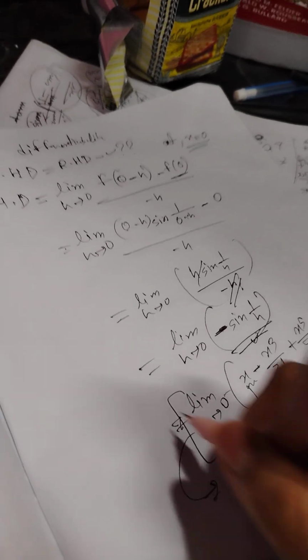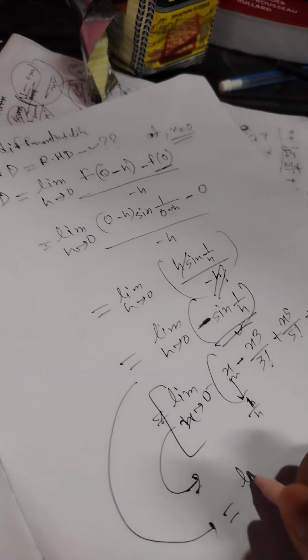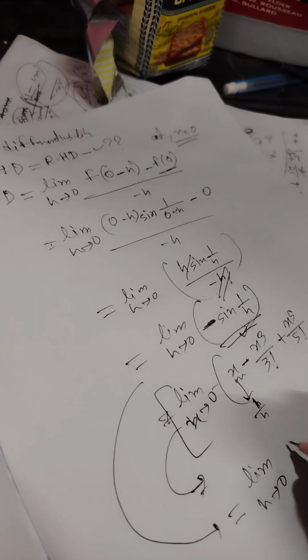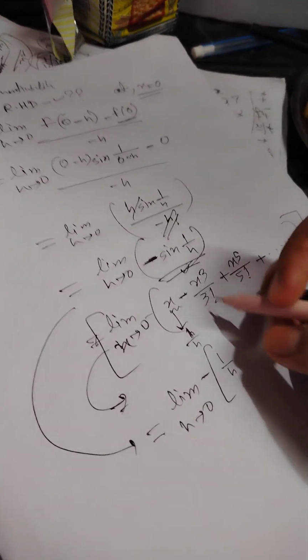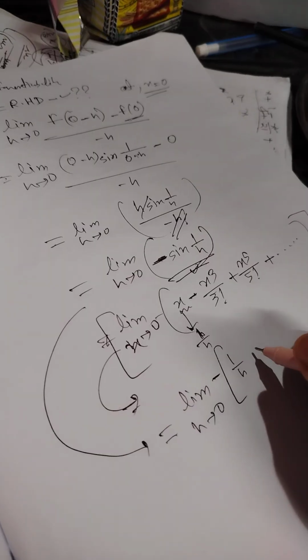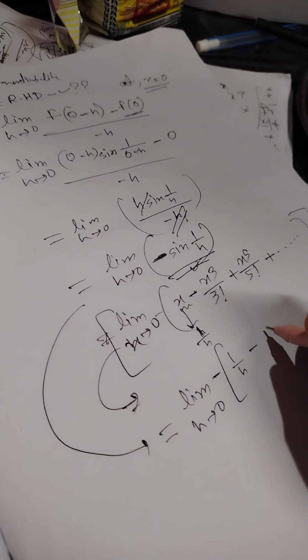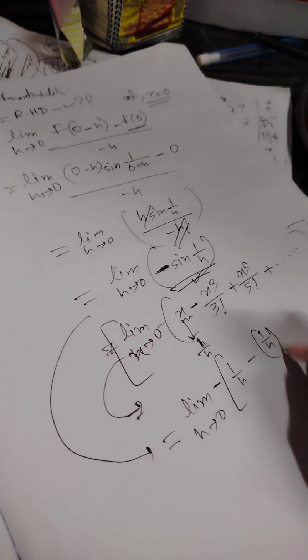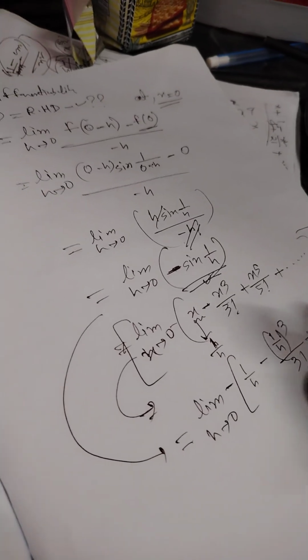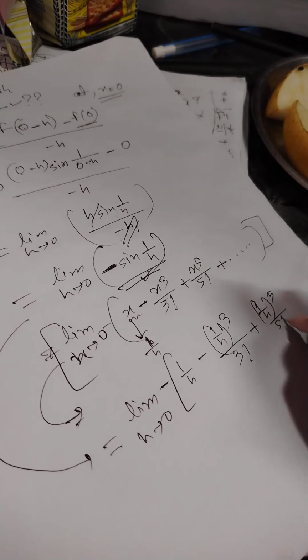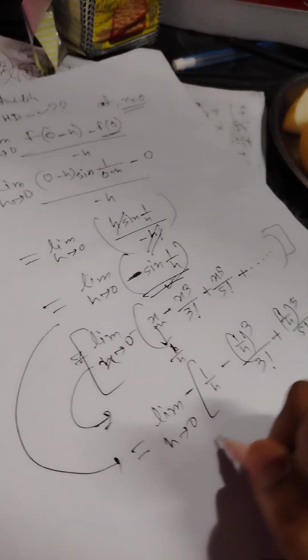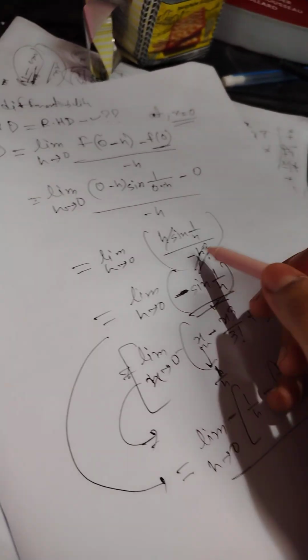Taking the minus common, we get 1 by h terms like 1 minus 1 by 3 factorial and so on, plus terms like 1 by 5 factorial. And don't forget there is one more case here.